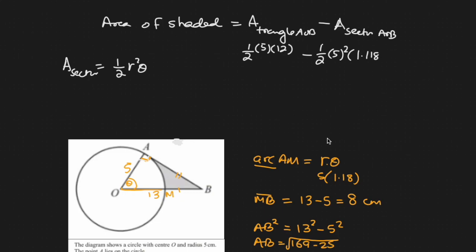So this will be 30 because this cancels out, 6 times 5 is 30, minus 25 divided by 2 times 1.18 comes out to be 15.3 centimeters square. That is the area of the shaded part.